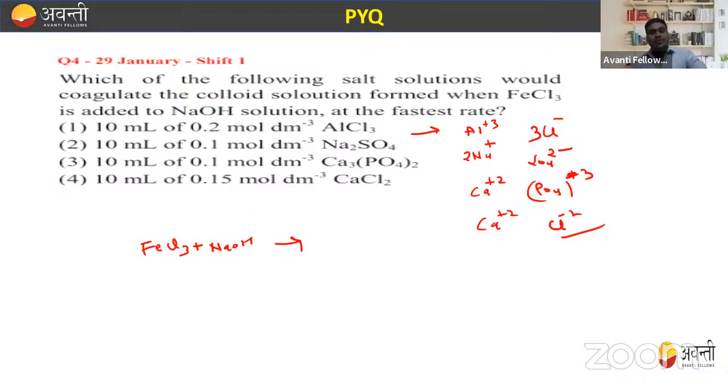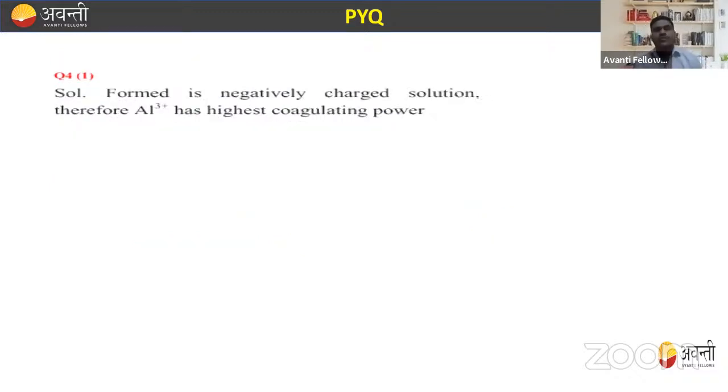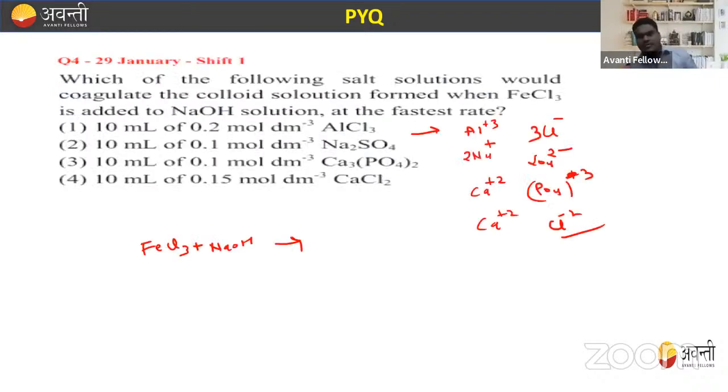So we know that for a negative solution, the coagulating power is measured by the cation having more charge. The cation having more charge will coagulate the negative solution. Similarly, for a positive solution, the anion having more negative charge coagulates more easily. So from all this, calcium has +2, sodium has +1, aluminium has +3.